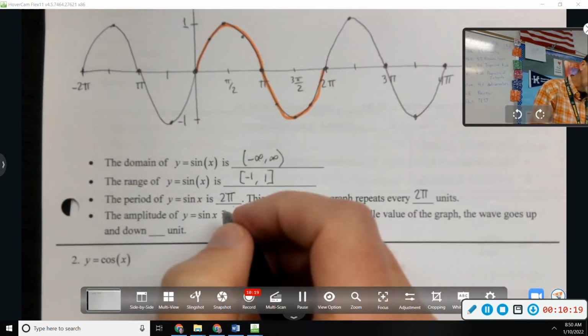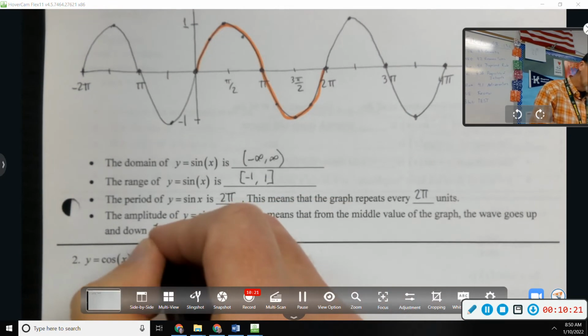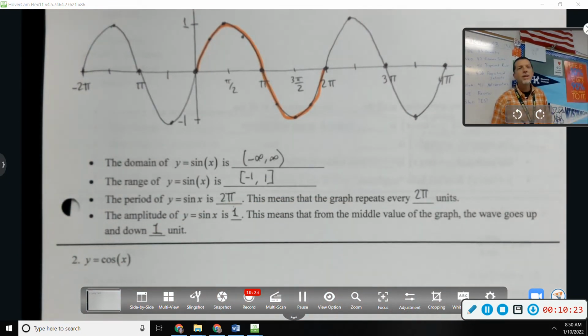So its amplitude is 1 because it goes up 1 from the middle and down 1 from the middle. Is it plus or minus 1? Amplitude sort of implies plus or minus, so we're just going to say the amplitude is 1, and built into that means it goes up and down 1. The amplitude is positive, but it does go up and down 1.